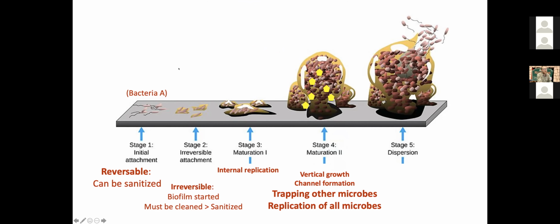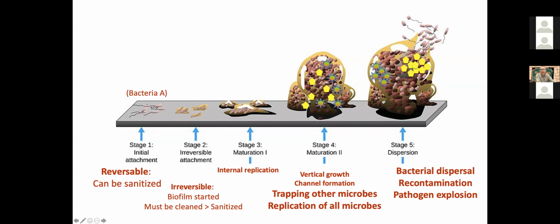And these could come in through the water channels. They could be attached to the sticky nature of the biofilm. But all of a sudden you have one bacteria causing a biofilm, and now you have three with potential foodborne illness pathogens present.